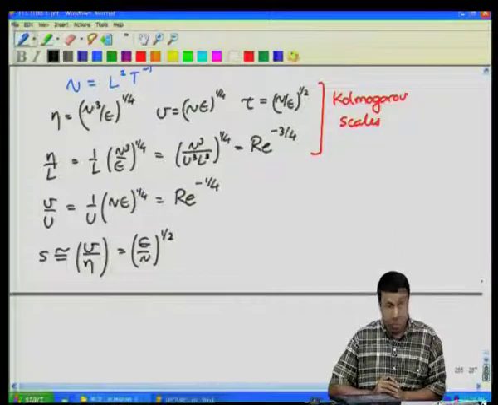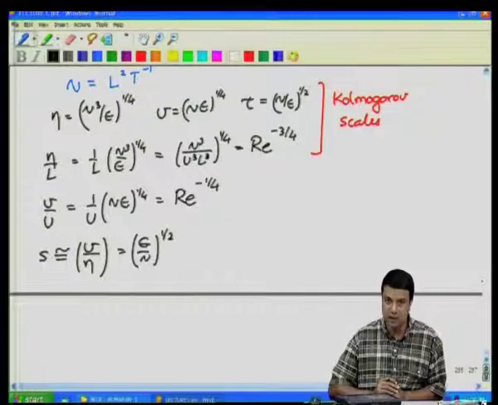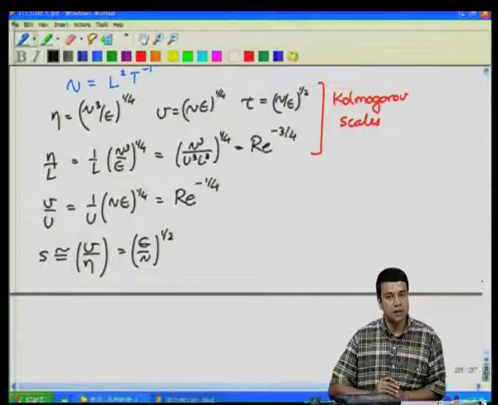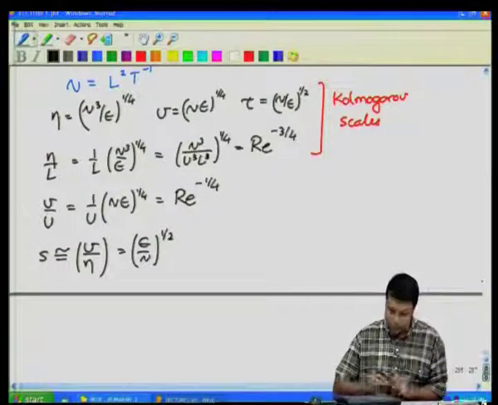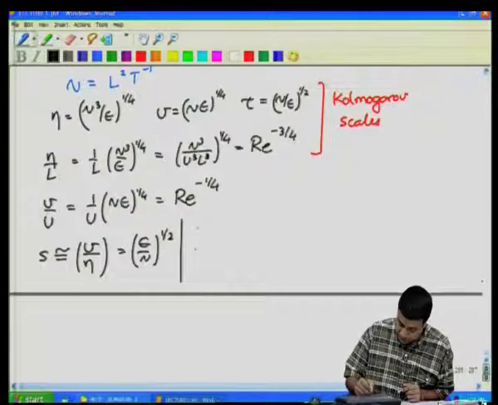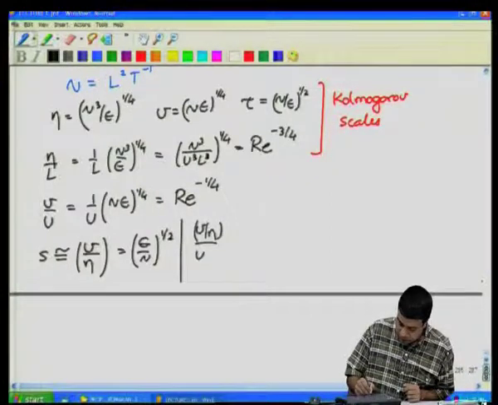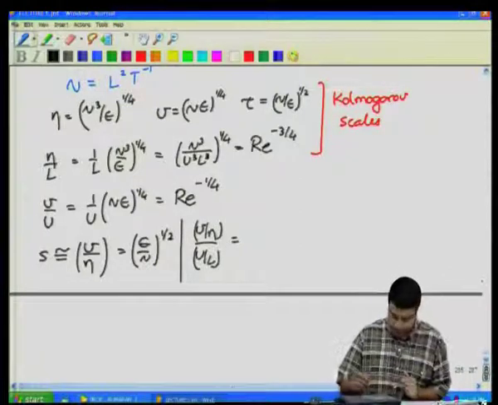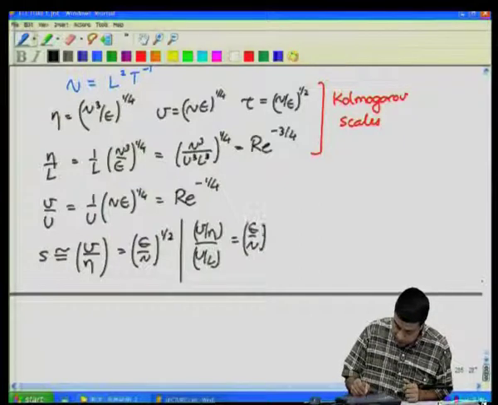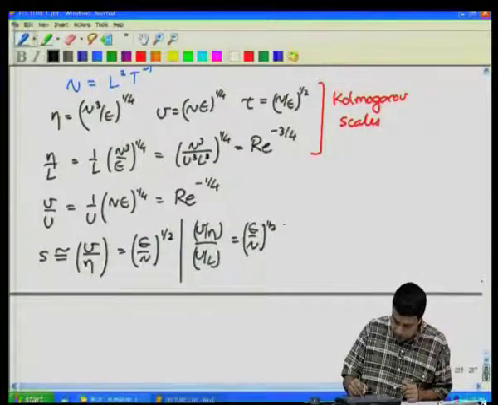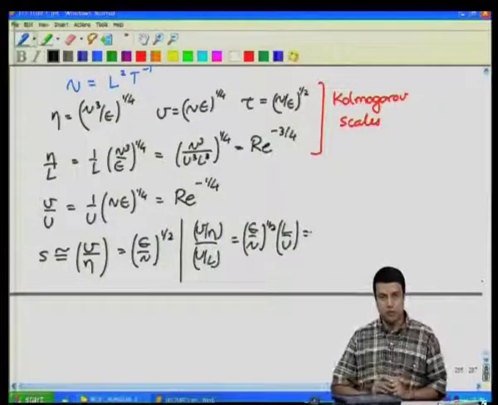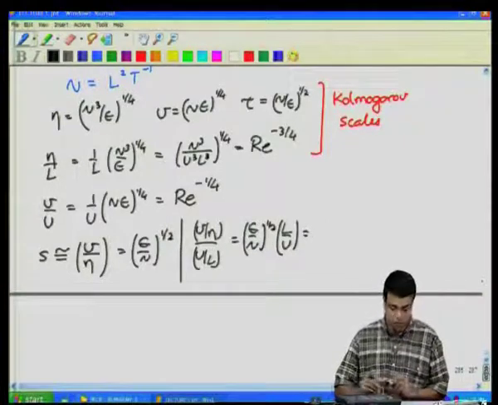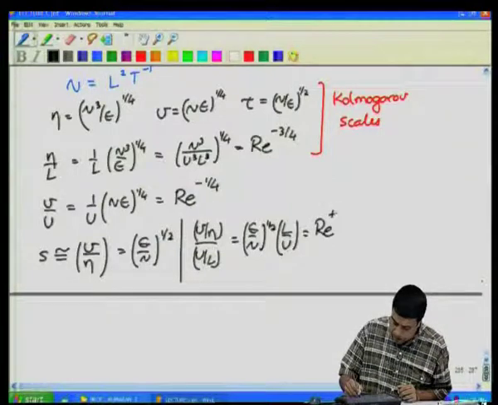If I take the ratio of the strain rate for the smallest scales divided by the strain rate for the large scale flow, the strain rate for the smallest scales is V by eta. The strain rate for the large scale flow is equal to U by L. So, if I take the ratio of those two, (V by eta) by (U by L), this is equal to (epsilon by nu) power half into L by U, which, if you substitute u cubed by L for epsilon, turns out to be equal to Reynolds number power plus half.